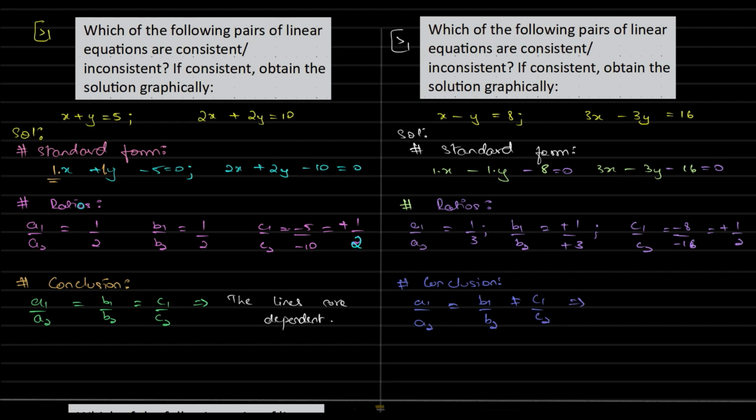So this implies the lines are inconsistent. Is it not? So the word inconsistent means that itself.